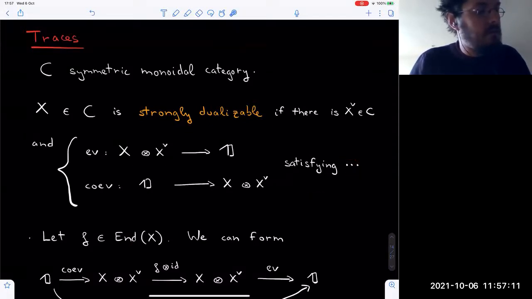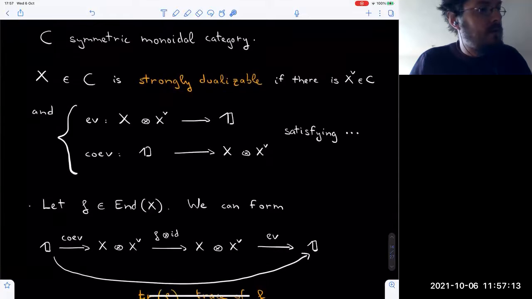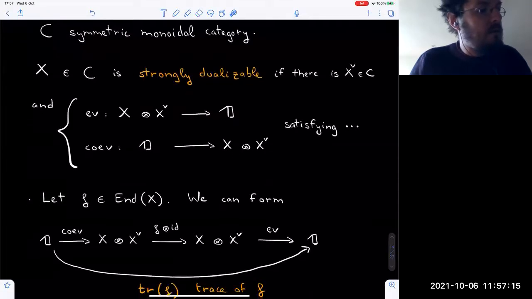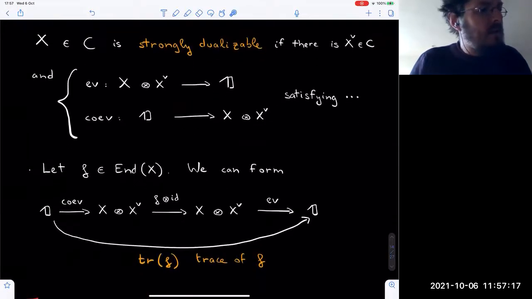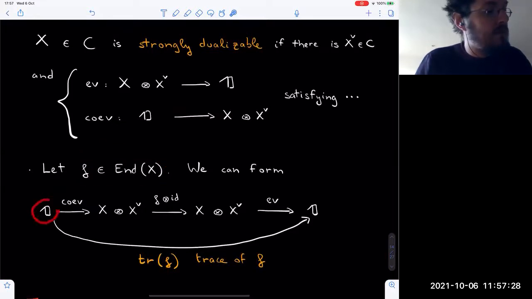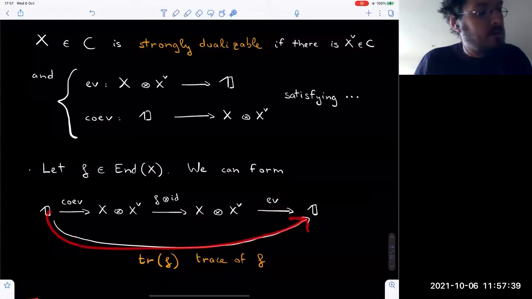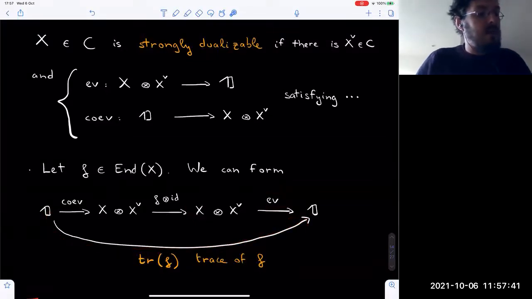Presumably you have seen this definition, at least in some context. When you have a strong dual, you can form traces. If you have any endomorphism of a strongly dualizable object, you start with the unit of your symmetric monoidal category, use the co-evaluation, use f on the X factor, and then use the evaluation.